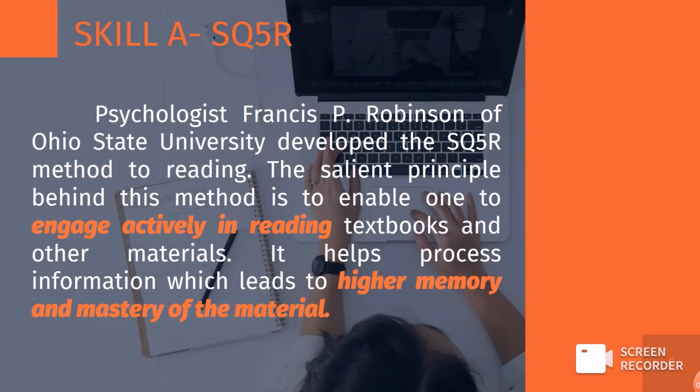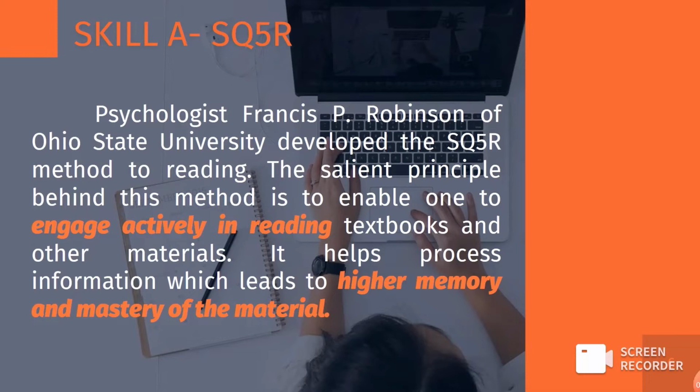Psychologist Francis P. Robinson of Ohio State University developed the SQ5R method to reading. The salient principle behind this method is to enable one to engage actively in reading textbooks and other materials. Another one, it helps process information, which leads to higher memory and mastery of the material.